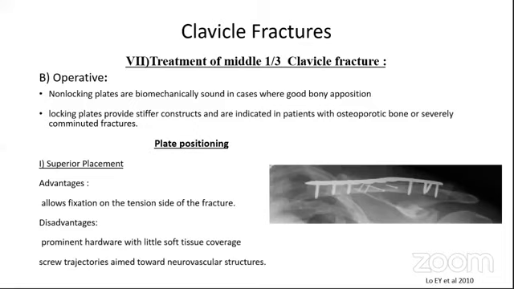However, the disadvantage is the plate is more prominent with little soft tissue coverage. The screw trajectories are aimed towards neurovascular structures and the length of the screws is not very long. And we have seen some patients who developed iatrogenic pneumothorax because of the drilling or a long displacement of screws.